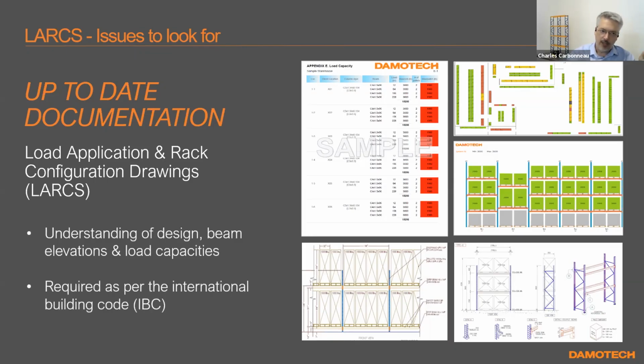So you have to have an understanding of the beam design, the elevations, the load capacities, and this is required. So the IBC, Eric mentioned it at the onset, the International Building Code says, well, if you have racks inside your building, you have to follow the MH16, which is the rack design code initially written by the RMI, the Rack Manufacturer Institute.